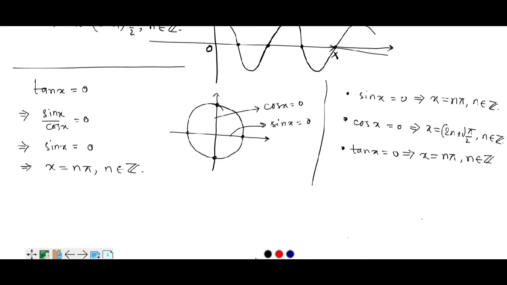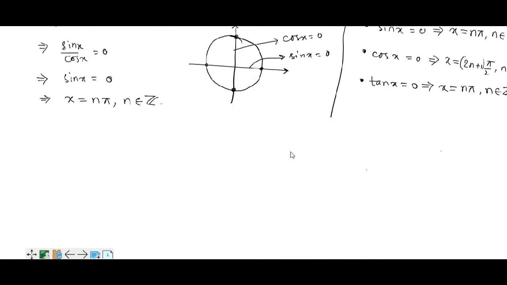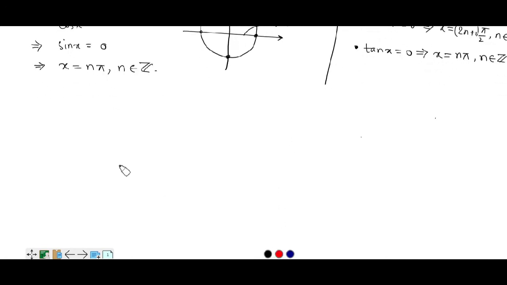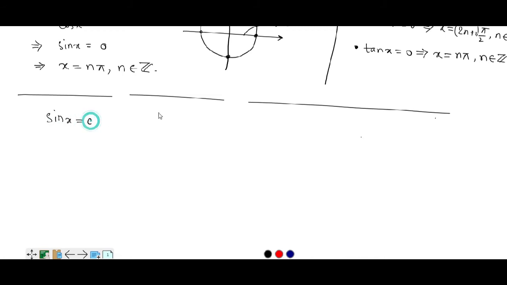Okay, so the next type of equations are these. The next type is sin x equal to some constant. For this kind of equation there is a restriction, because sin x equals c is not valid for all real numbers c. You remember that the range of sin is -1 to 1.